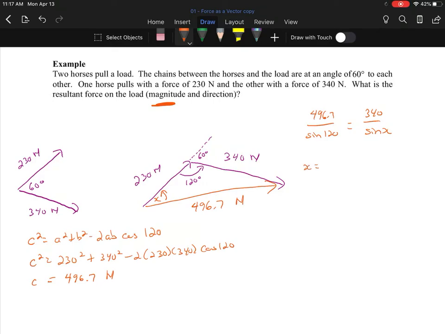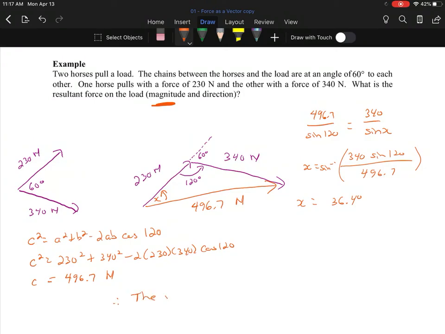And when I cross multiply and do some work there, I get X equals 340 sine 120 over 496.7, but I got to sine inverse that whole thing. Maybe you need more steps there, and go through those steps if you need them. I get X equals 36.4 degrees.